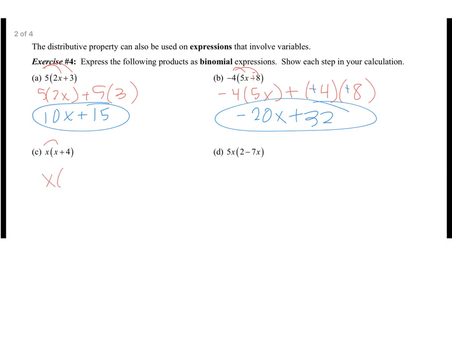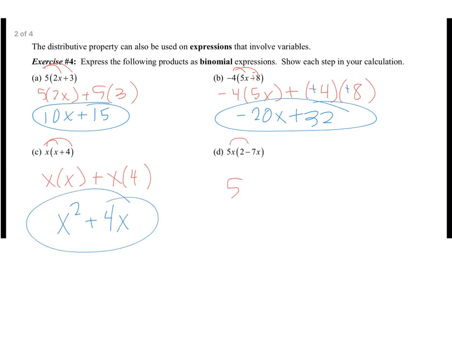x times x plus x times 4. Well, x times x is simply x squared, and x times 4 is 4x. And finally, 5x times (2 minus 7x). Remember to always make a subtraction a plus negative. So now it's plus negative 7x.